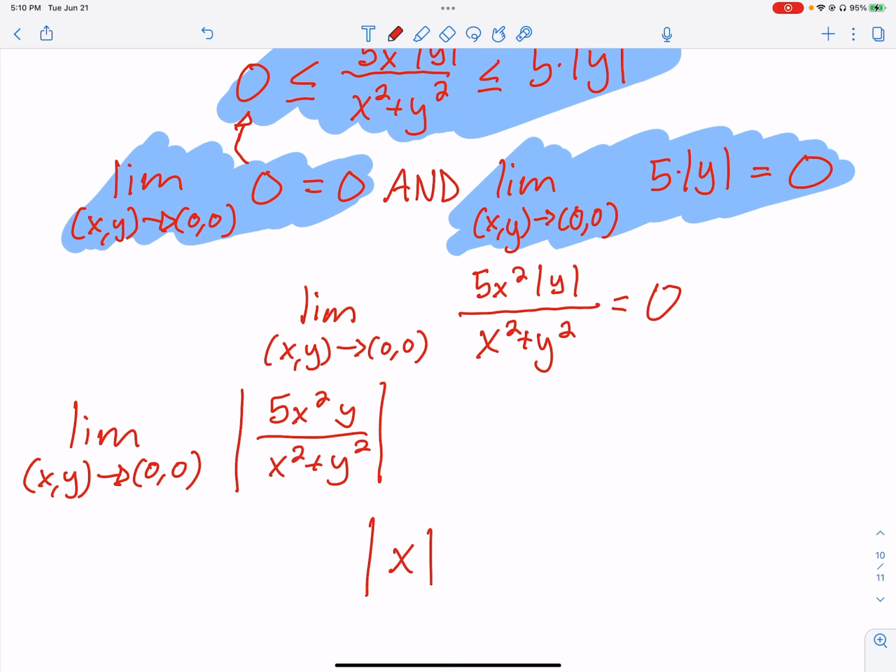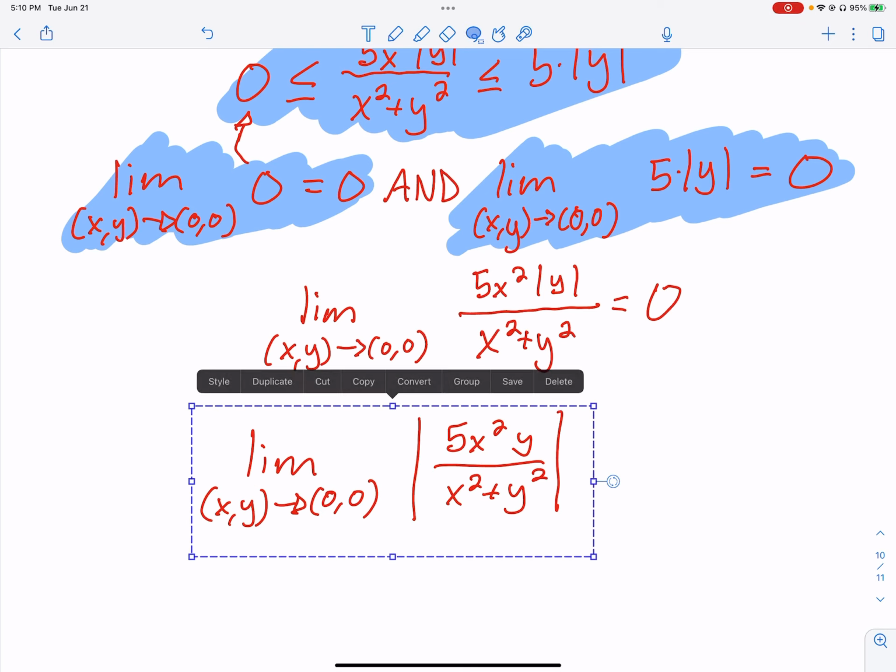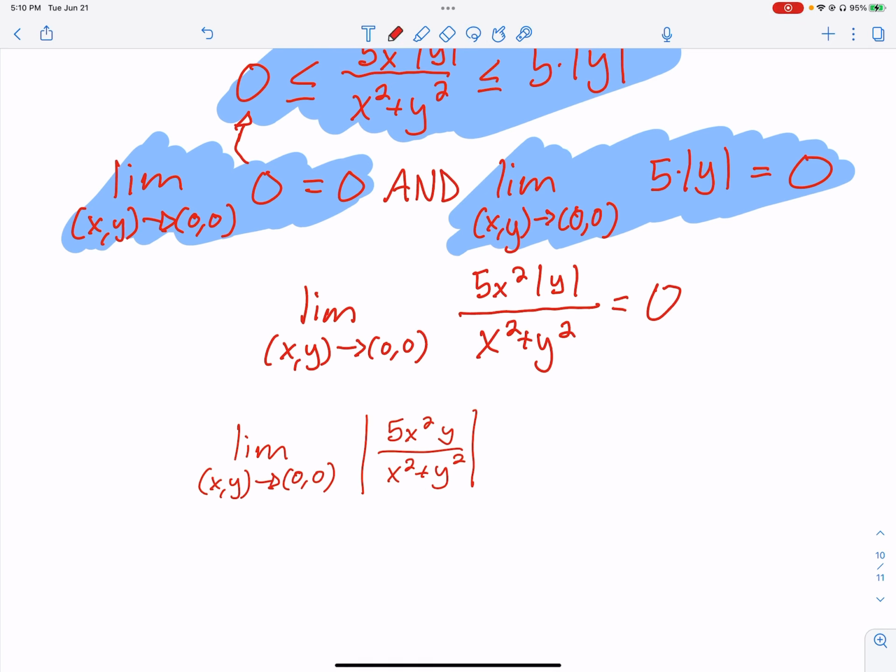So let me write a few things. We agree that 0 is equal to the limit of 5x squared times the absolute value of y over x squared plus y squared, and that is equal to this, right?